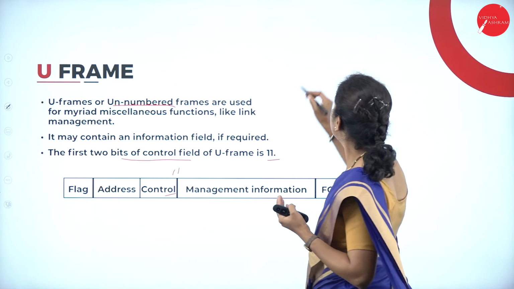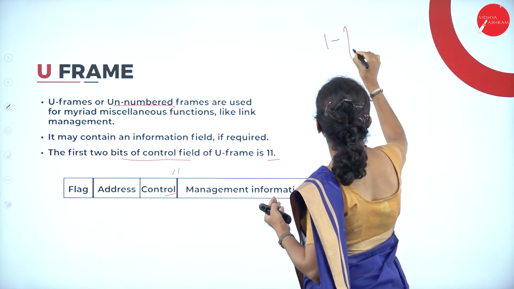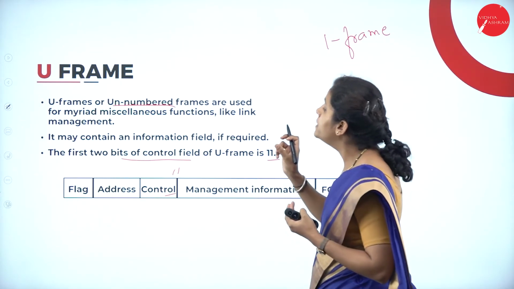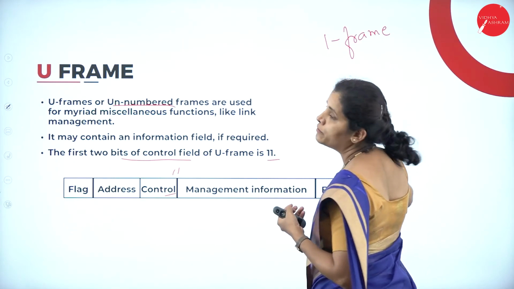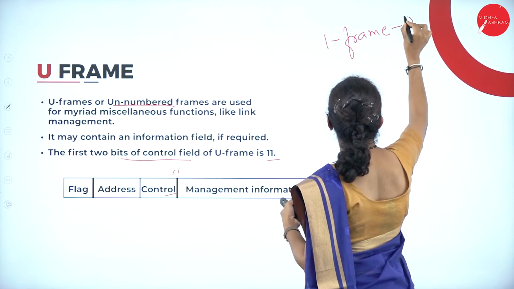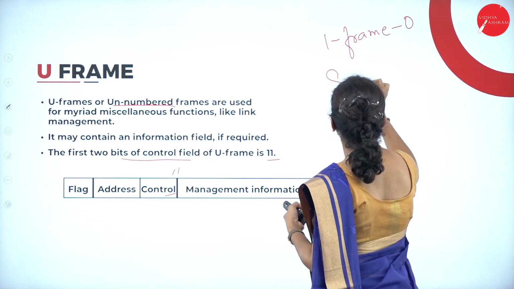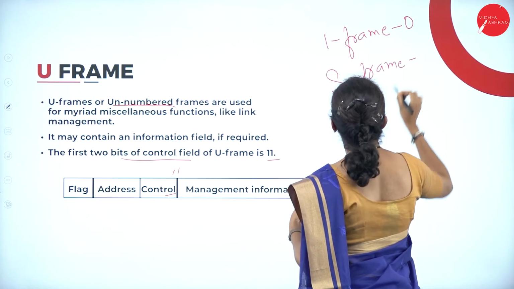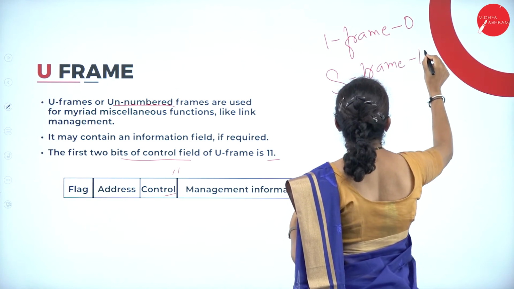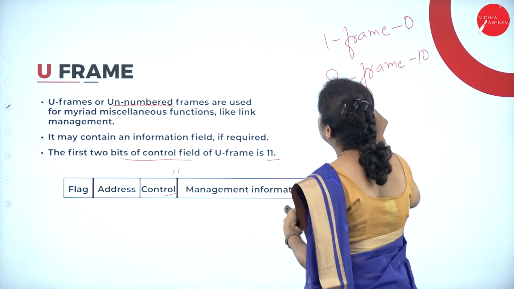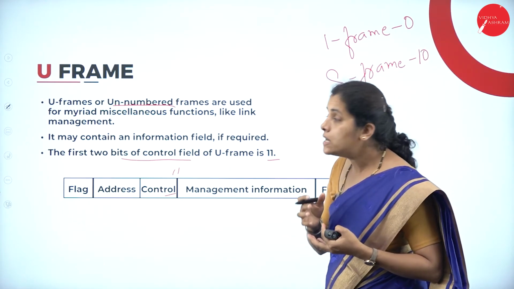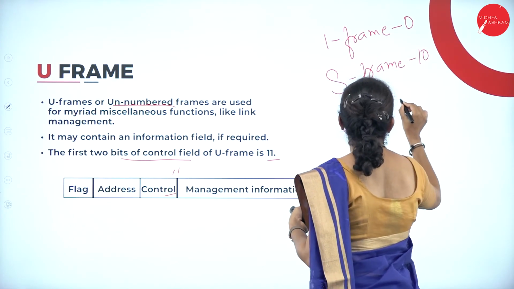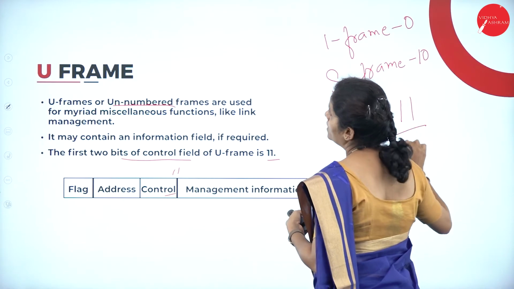Let's recall the things. In the I frame, the first bit of the control field is indicated by 0, whereas in the S frame, the first 2 bits are indicated by 1, 0, whereas in the U frame, that means unnumbered frame, the control field is indicated by the value 1, 1.